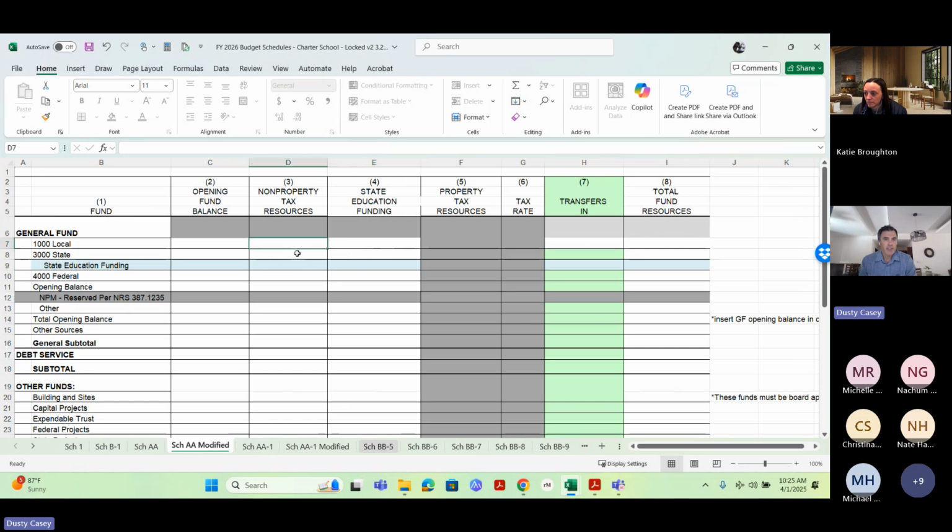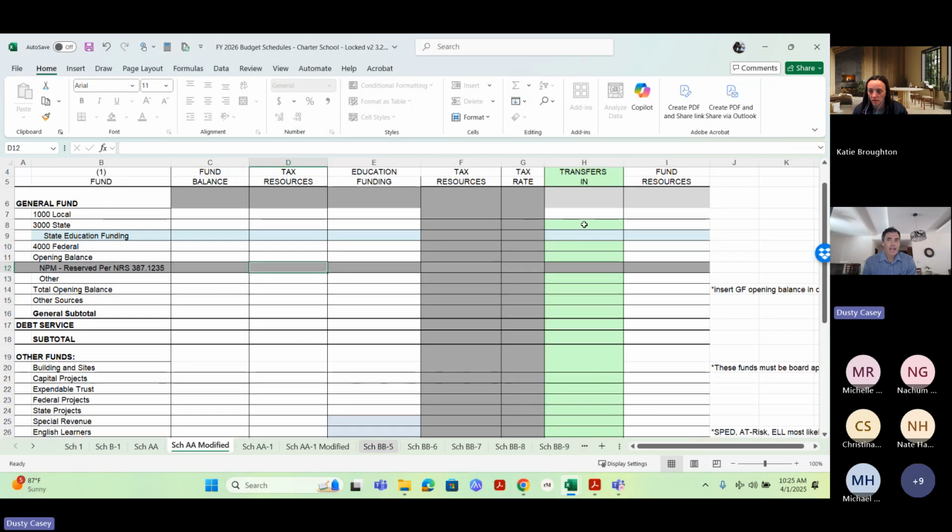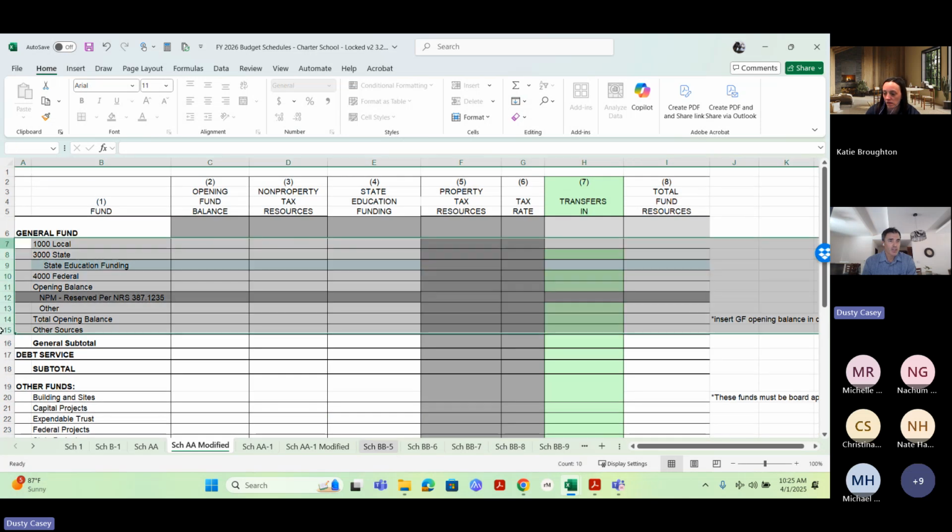And then any local funds would be considered non-property tax resources. So all those things like interest, fees you collect, donations, whatever is captured in all those other revenue codes, would probably go in column D. And you would capture that, and then, of course, if you're transferring anything in. So this whole top section is your general fund.